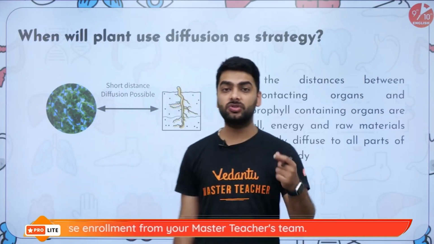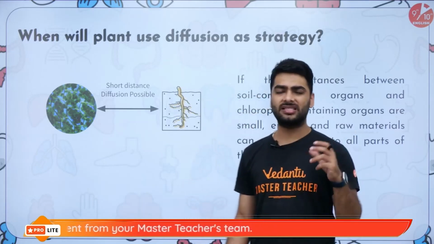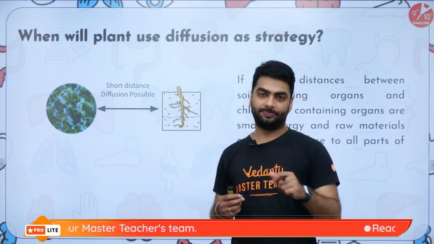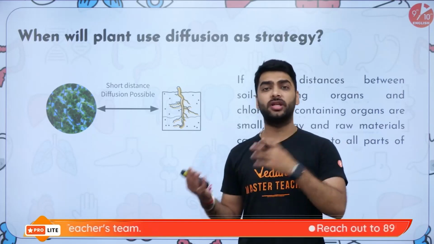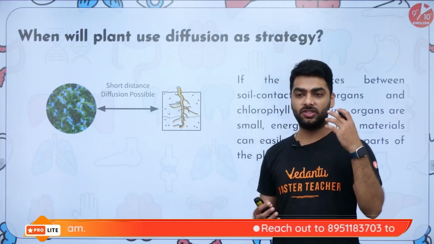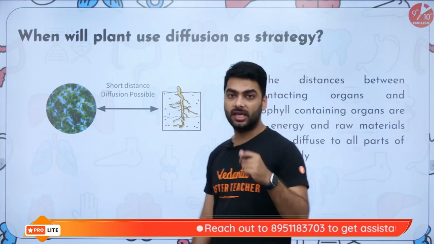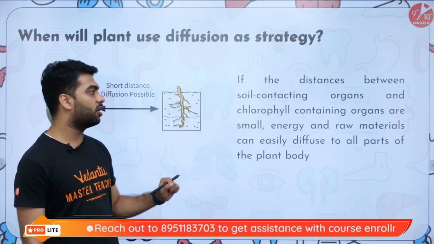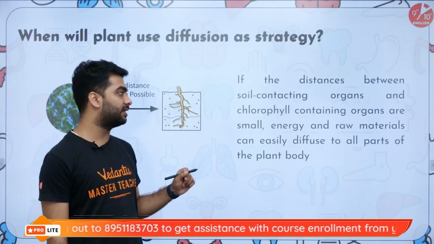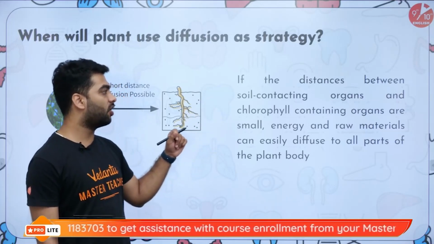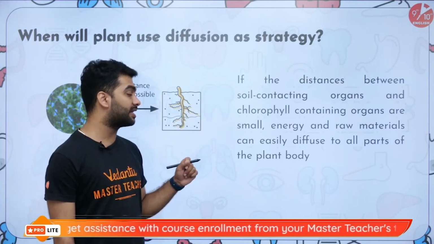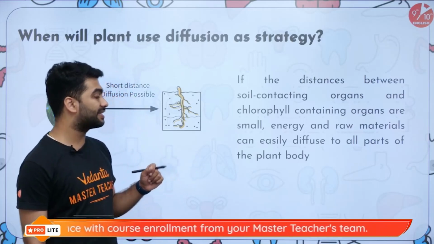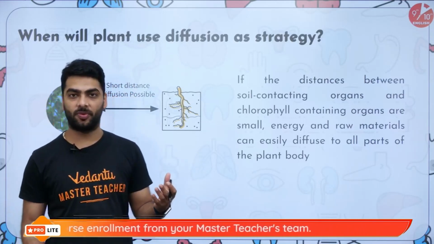When will plants use diffusion as the strategy? Now there is a lot of confusion around diffusion and osmosis. So when will plants use diffusion and when will they use osmosis? If the distance between the soil contracting organs and chlorophyll containing organs is small, energy and raw materials can easily diffuse to all parts of the body.